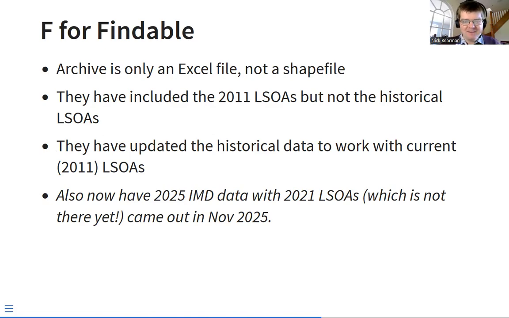This is great if you want to do historical work now, but they suffer from the problem that we had another version of IMD data out last November 2025, and that has a different set of boundaries from the 2021 census. So they need to update all of their data to match that. It's a constant process to try and keep this up to date.